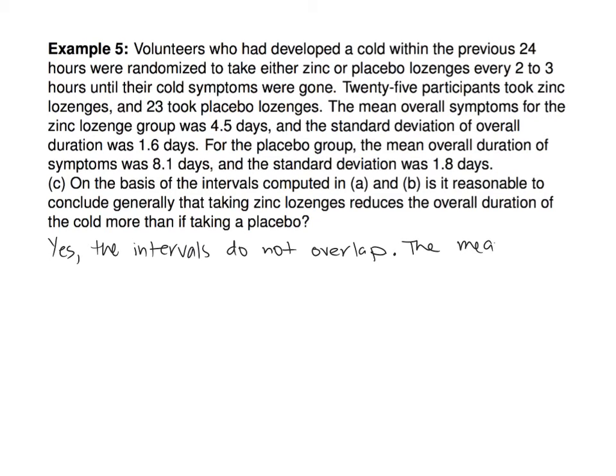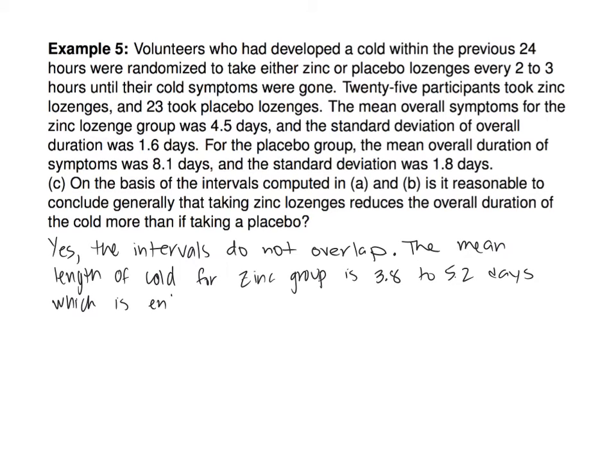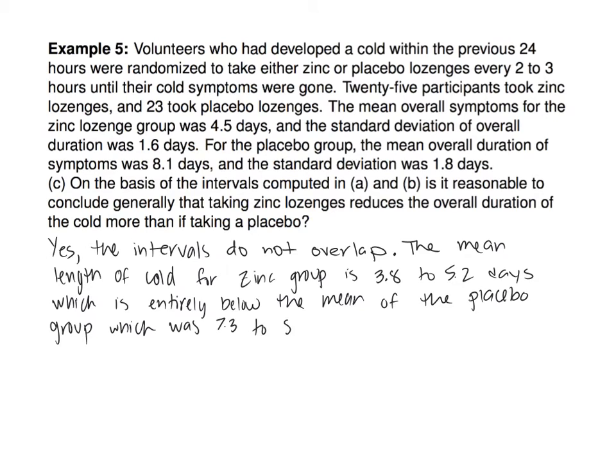So the mean length of cold for the zinc group is 3.8 to 5.2 days, which is entirely below the mean of the placebo group, which was 7.3 to 8.9 days.